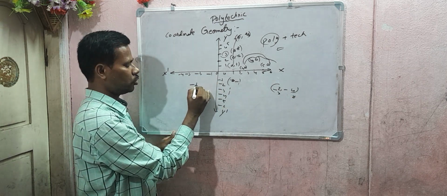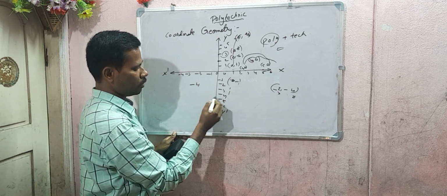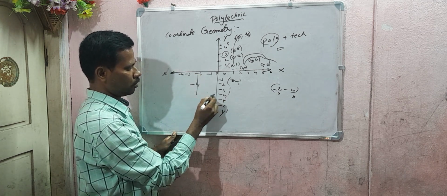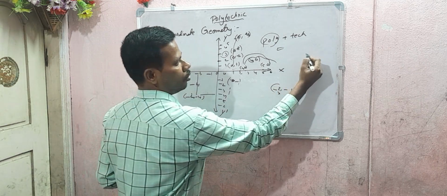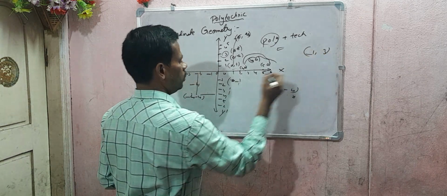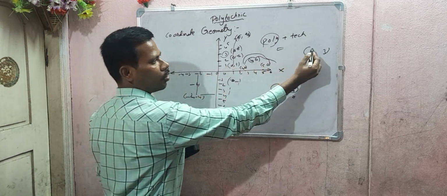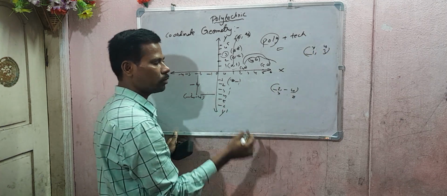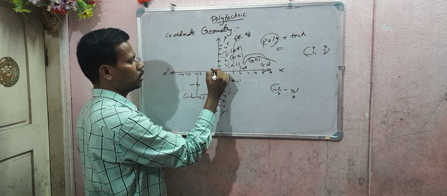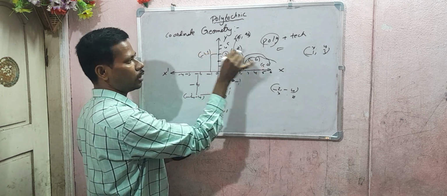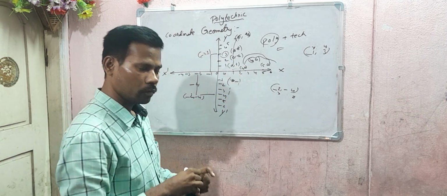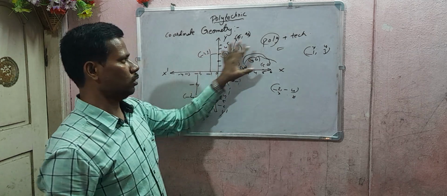So x is -2, y is -4. That means the point is here. Suppose I want to locate (-1, 3). X is -1, the x coordinate comes first, then y. The y coordinate is 3. That means the point is (-1, 3). So it's clear.